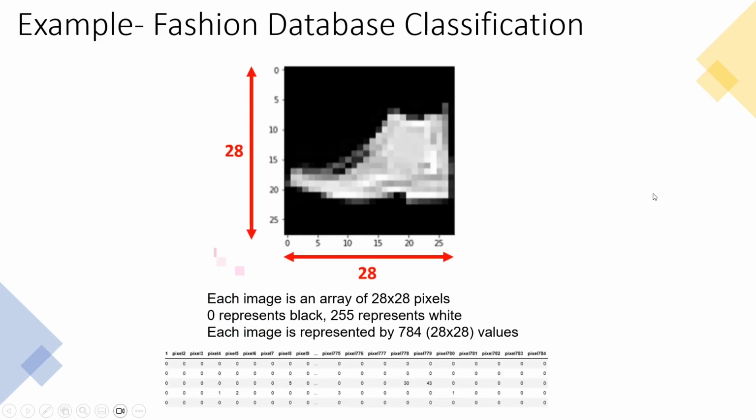And these are basically the images, 28 by 28 two-dimensional data. 0 represents black, 255 represents white, and each image is represented by 784 pixel values. That's one-dimensional data. We will be converting this into a 28 by 28 two-dimensional matrix in order to process it with convolutional layers.